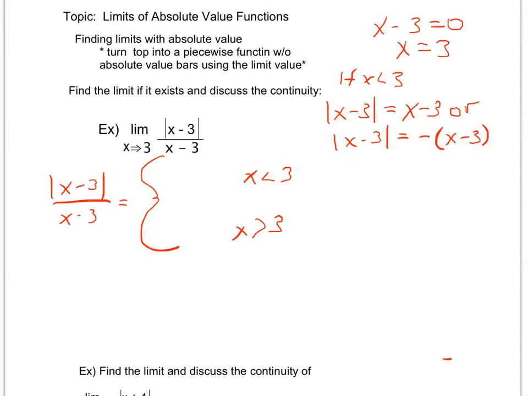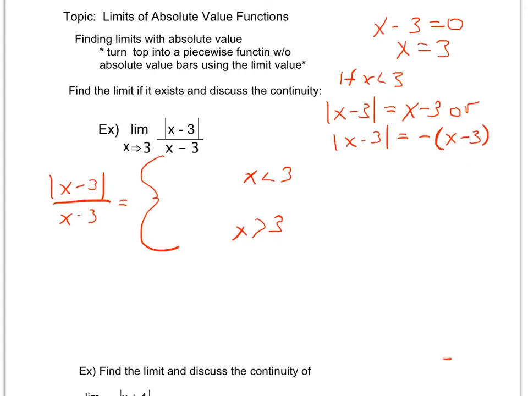Let's try another value that's less than 3, say 1. When I plug 1 into x minus 3, I get negative 2. When I plug it into the absolute value, I get absolute value of negative 2, which is 2. 2 is not equal to negative 2. If instead I jump down here, I already know that the absolute value of 1 minus 3 is 2. 1 minus 3 is negative 2, the opposite of that is 2.